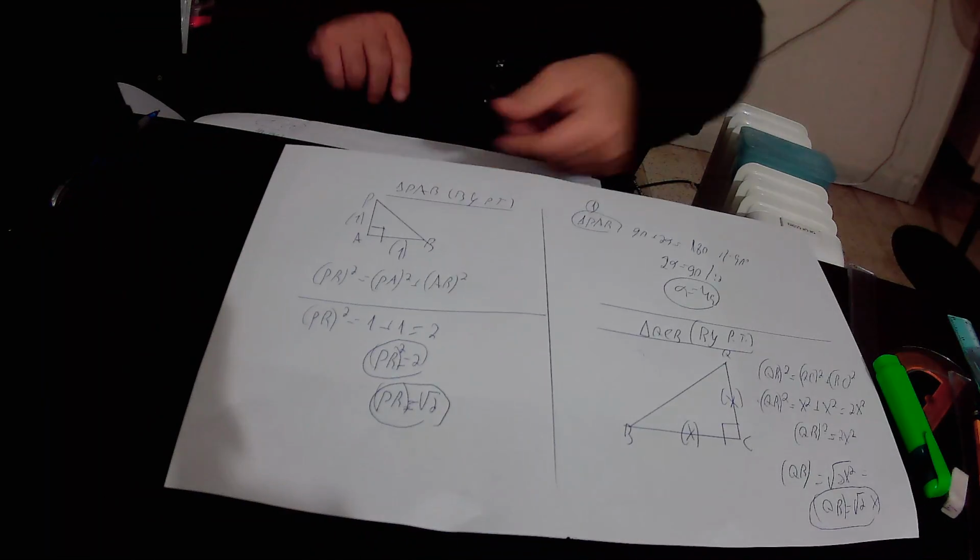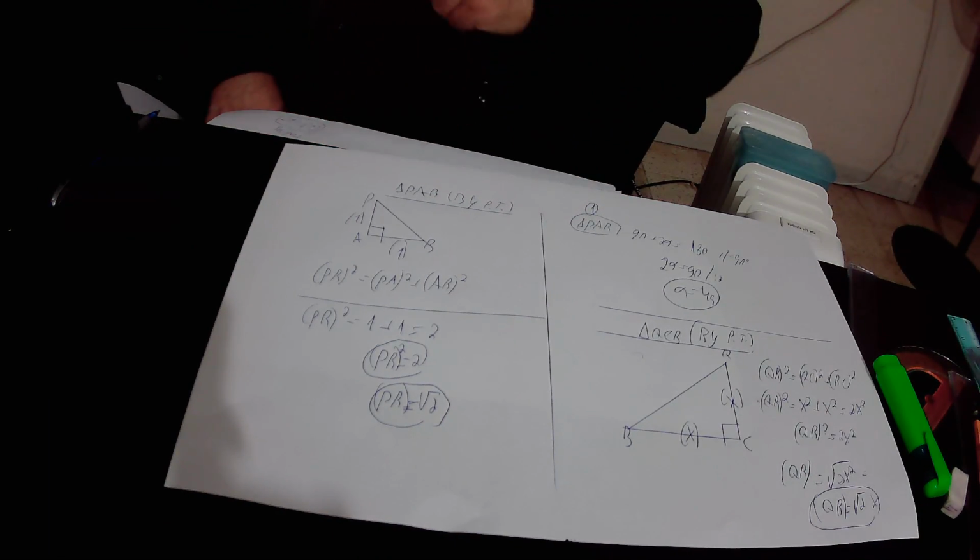This is the right triangle PAB, a copy from the original drawing.